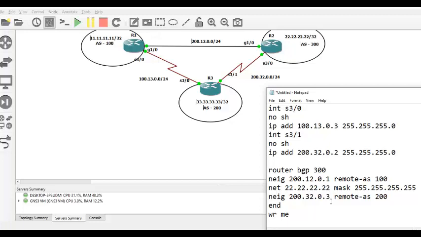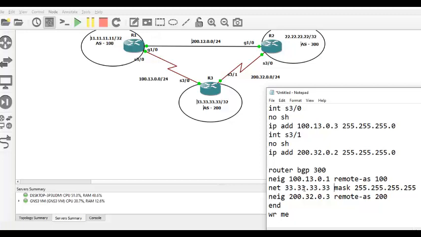BGP, neighbor 200.13.0.1, which is in autonomous system, not 200, it's 100. The autonomous system is 100. Next, the network that we want to advertise is 33. The mask is this.